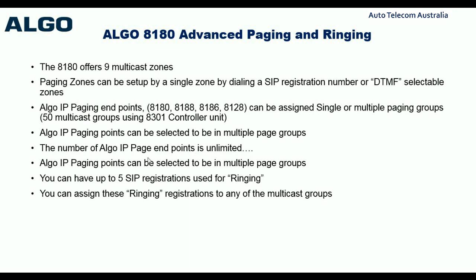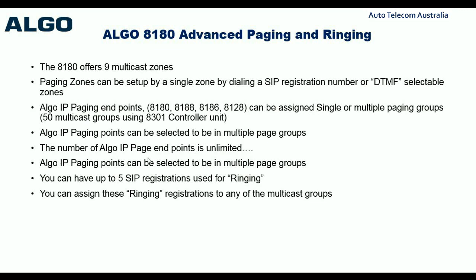And we'll be talking a little bit about the 8301 in the next couple of points down. The paging zones can be set up in a single zone by dialing a SIP registration number or as DTMF selectable. Let's pick on the DTMF selectable. Let's say we've got one master unit, and then we dial into it and then dial the extension number and then *1.